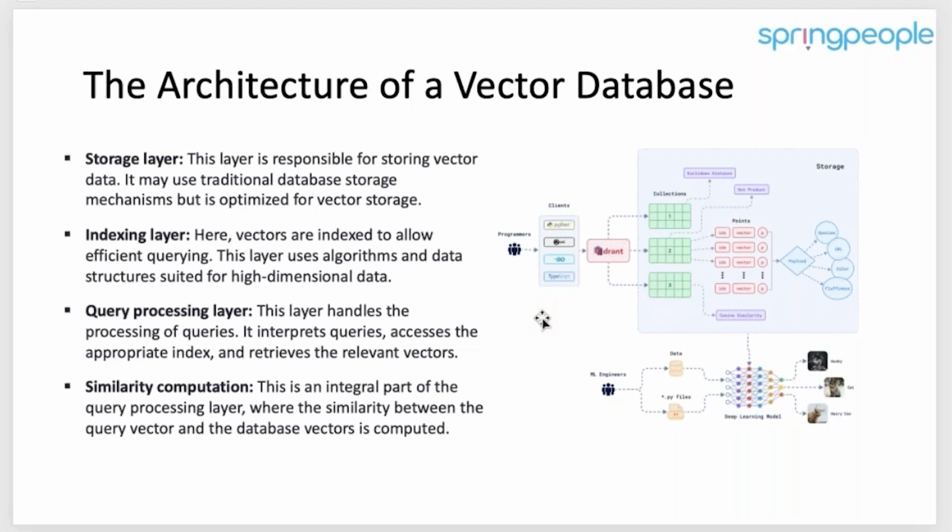Okay, now looking at the vector database, we've seen the process of storing, but what is the core of a vector database itself? Now, if you look at it, a vector database is basically a list of vectors, and in today's world, these vector databases are stored much like in a database.